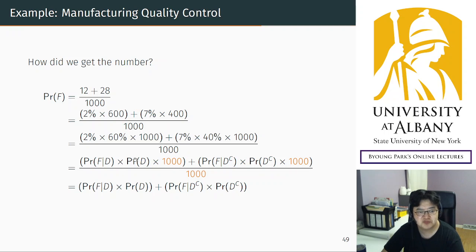Those probabilities can be written this way. That's the information given in the question. And then 1,000 is an arbitrary number. This is what you choose, but it will be cancelled out. The denominator has 1,000 and every term in the numerator has 1,000, so they can be cancelled out. Then in the end, you get this.